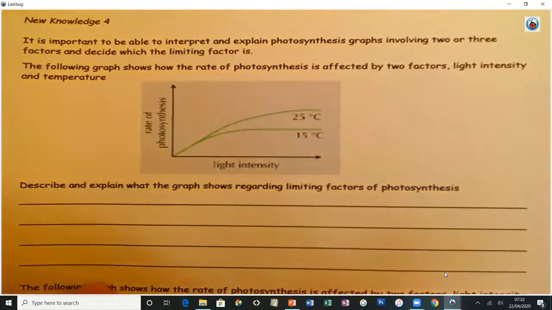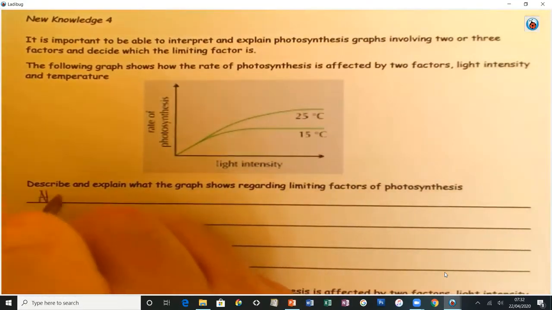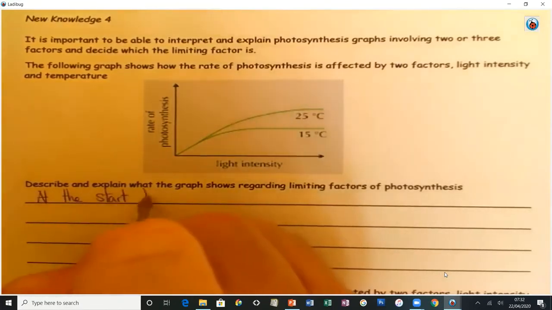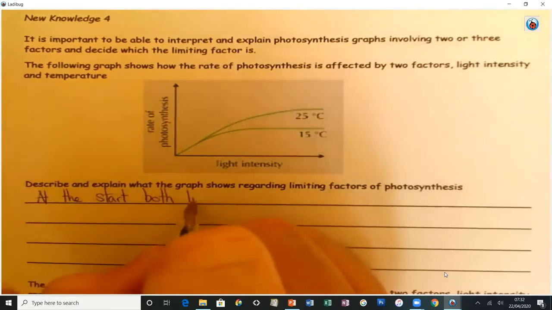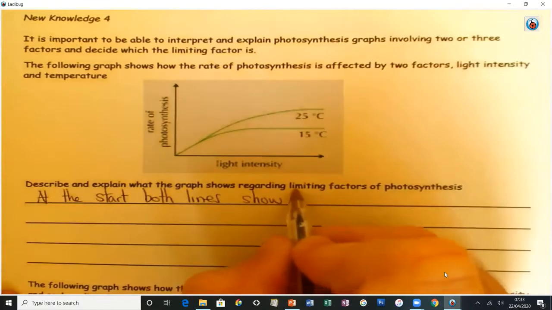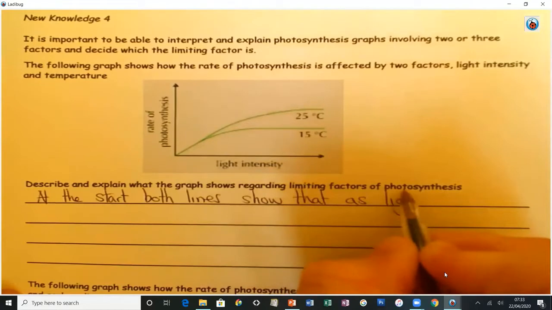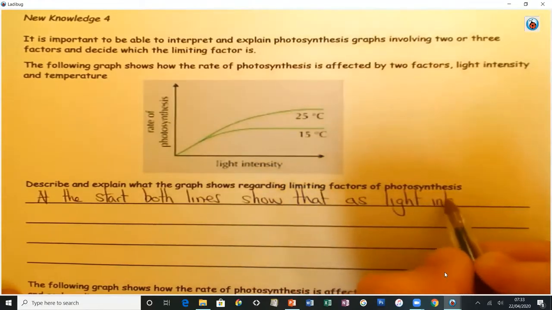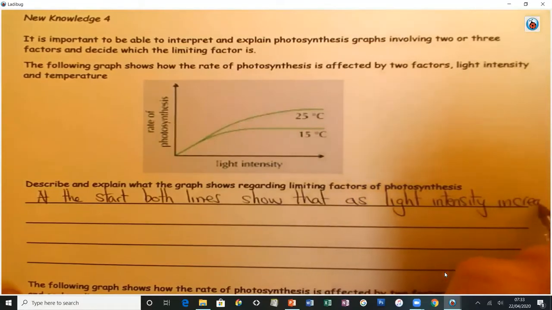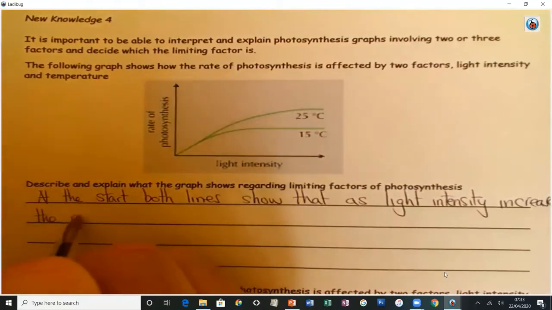Let's write that down. At the start, both lines show that as light intensity increases, the rate of photosynthesis increases.